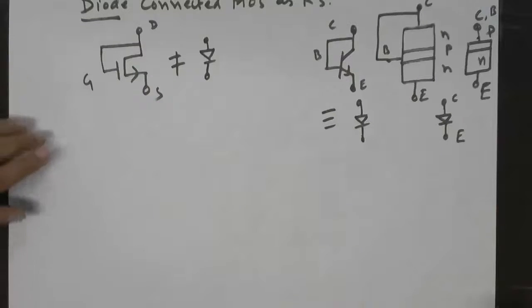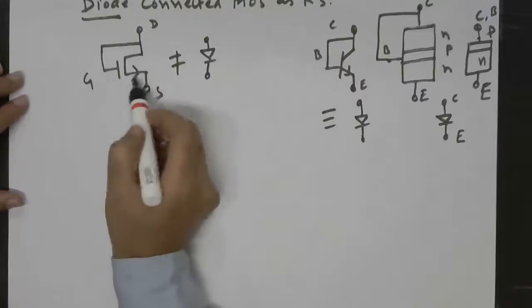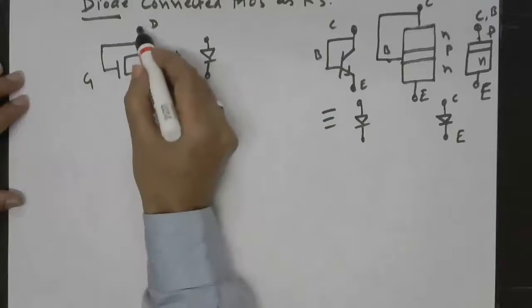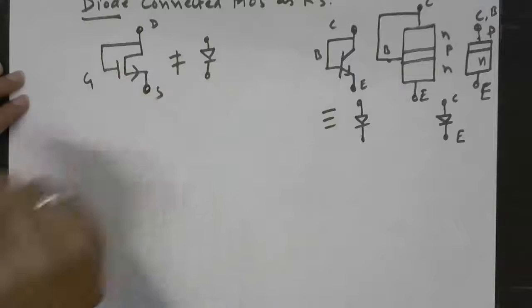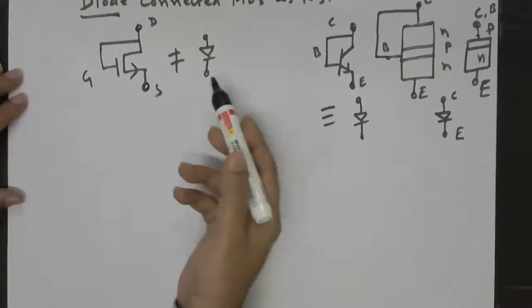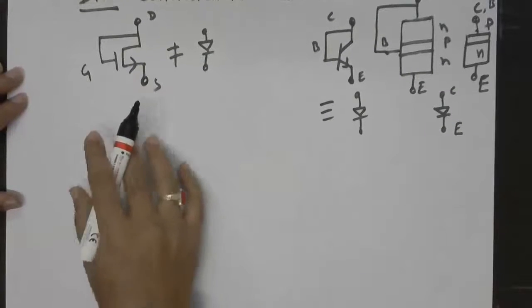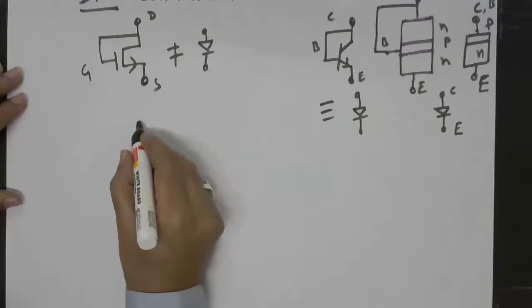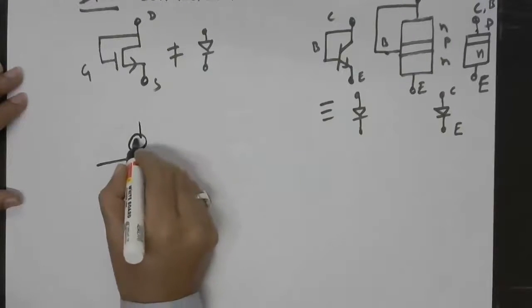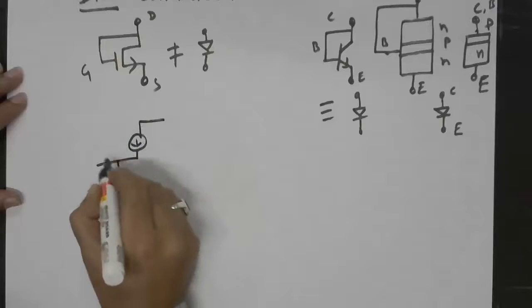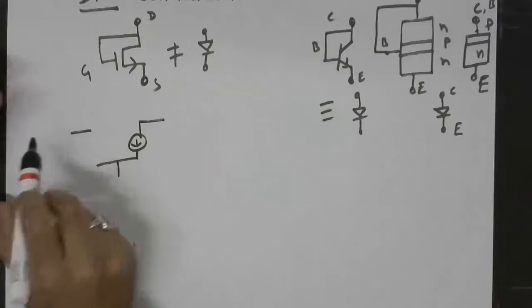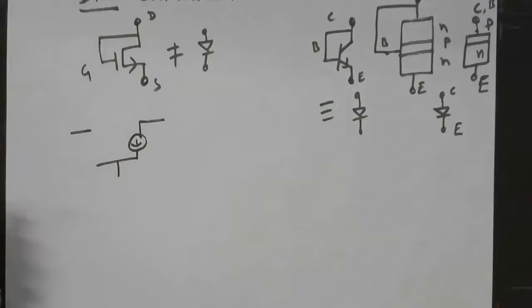So now we will try to see that if we have a diode connected MOS, then what is the impedance between these two nodes? So this does not behave like a diode. So let us see what is the behavior of this MOS. For that, we will try to find a small signal model of this circuit. So this is MOS, and now what has been done is the gate has been connected to the drain.